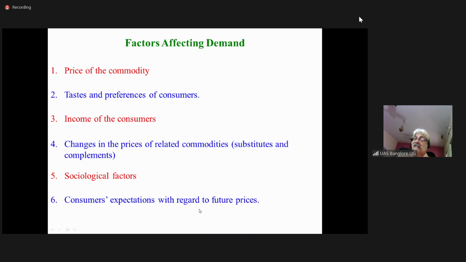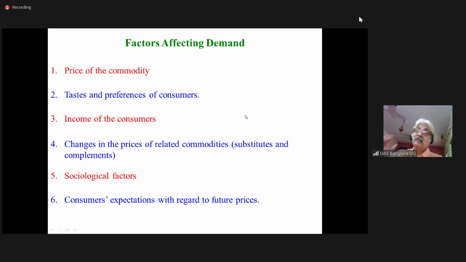Then consumers' expectations with regard to future price. Now if there is a rumor that in another 2 days cigarettes will not be available in the market, the supply of cigarettes has come down, no imports, manufacturing in the country has also come down, so availability of cigarettes will be reduced.